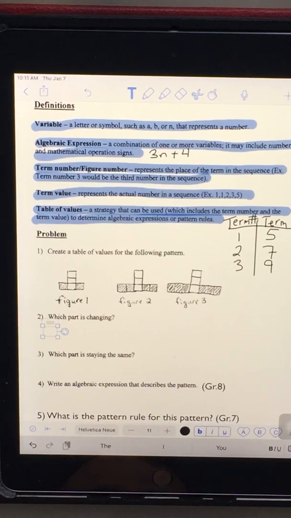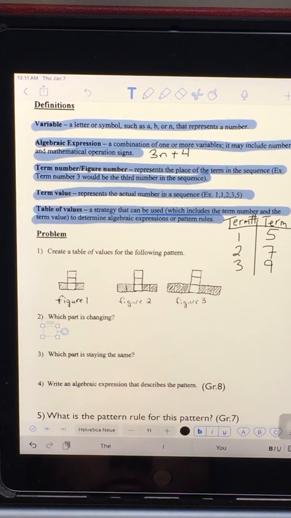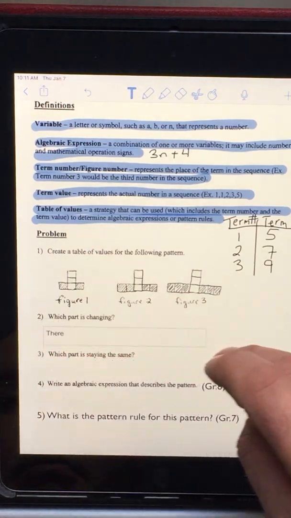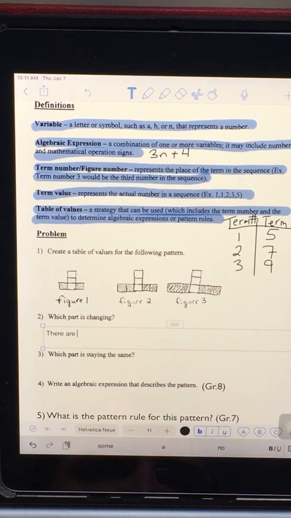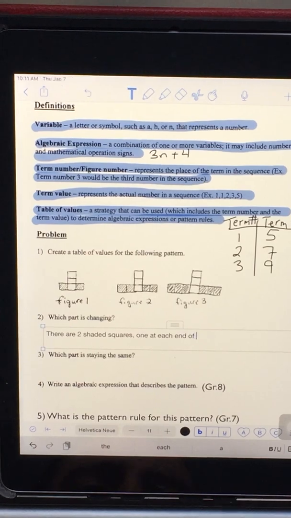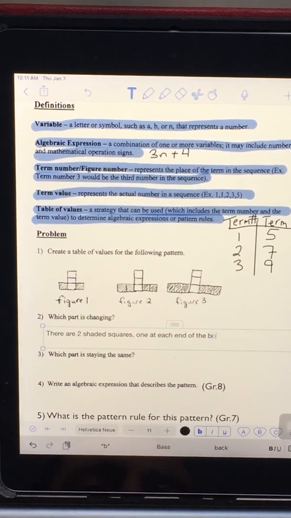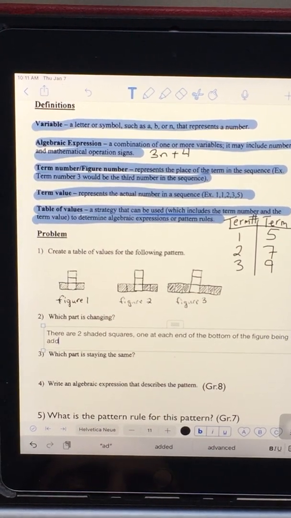So I can say that there are 2 shaded squares, one at each end of the bottom of the figure being added to each figure number.